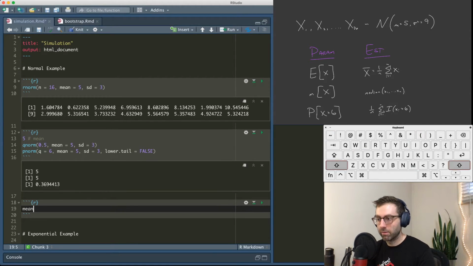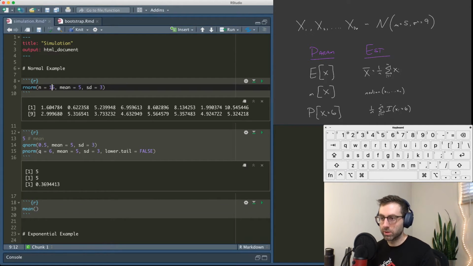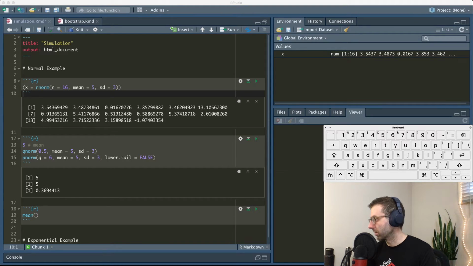So for the first one, let's store a sample here. And because we want to see it, we'll put it there. So we now have x stored in our environment.